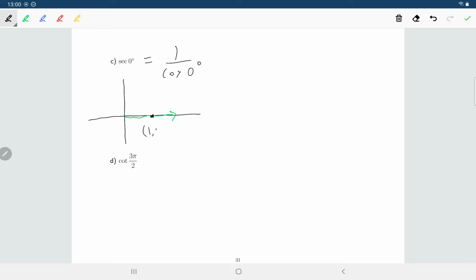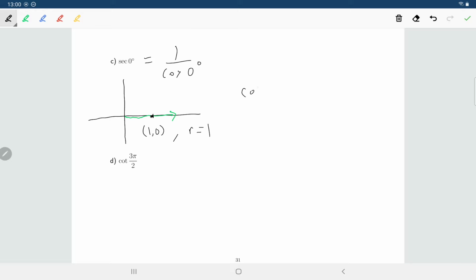I will take the point 1, 0, and you can see that we are 1 unit away from the origin, so r is 1. And again, you could find that using the formula. r is square root of x squared plus y squared, or root of 1 plus 0, which is 1. And now, let's answer our problem.